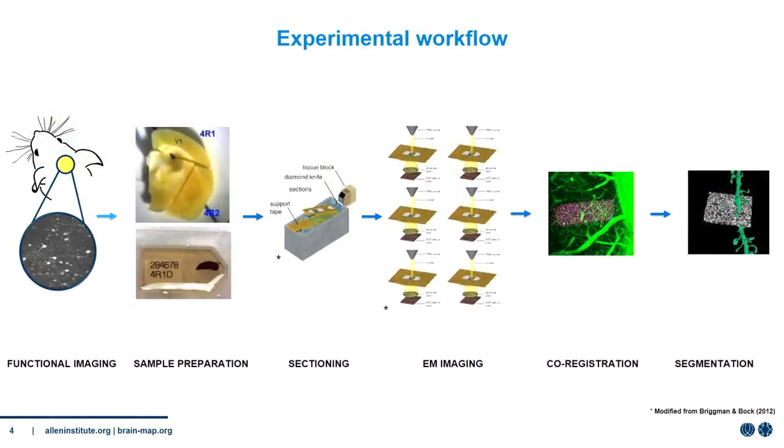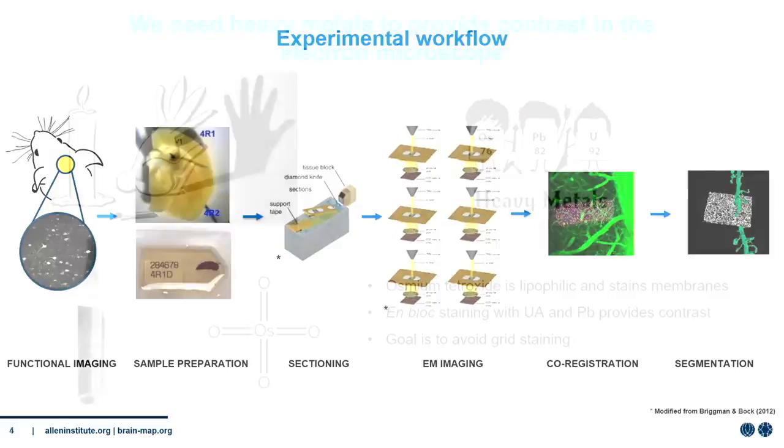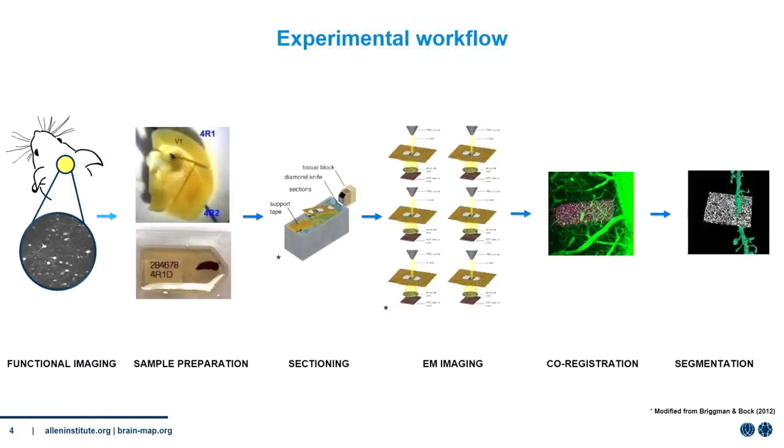This is the experimental workflow as the samples arrive in our laboratory. It starts out with the functional imaging that occurs at Baylor College of Medicine. These are transgenic mice that have a calcium sensor genetically encoded into their brain, and the awake behaving animal is studied using two-photon microscopy.